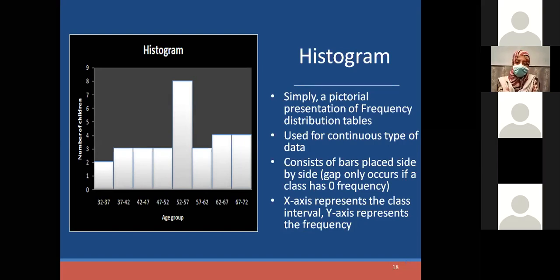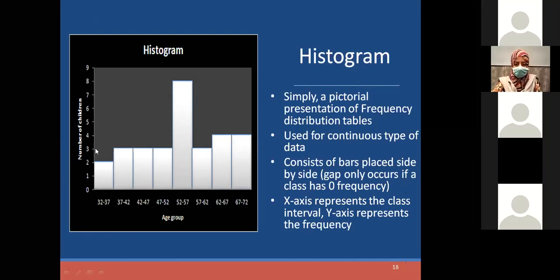The only space that can be appreciated is when you have a category that has 0 frequency, then you might have a distance between one bar and the other. Otherwise, for continuous data, they do not have any space in between. So the gap only occurs if the class has 0 frequency.